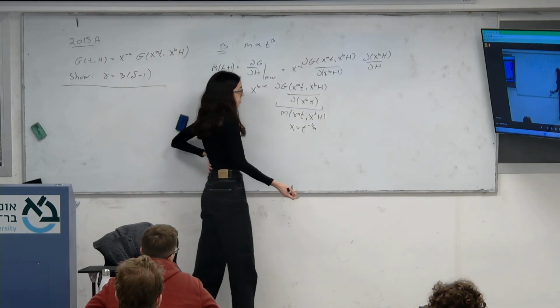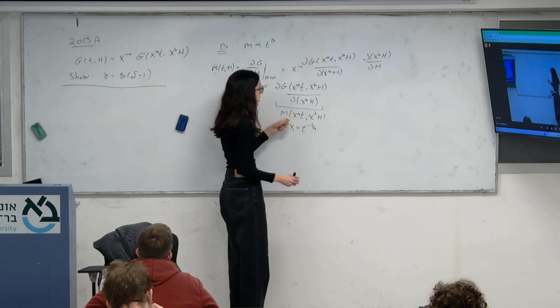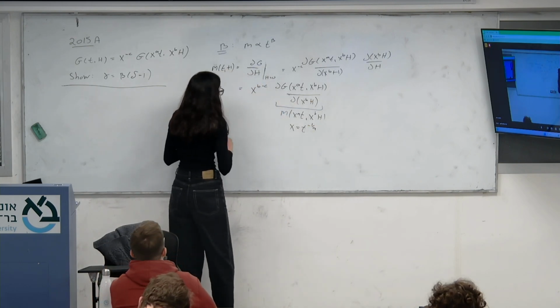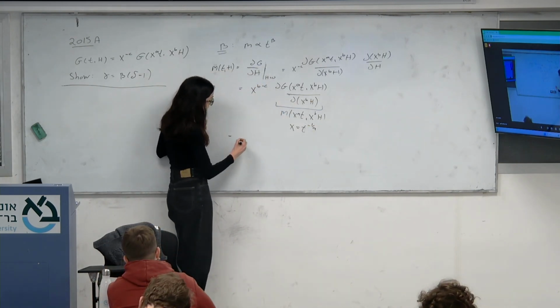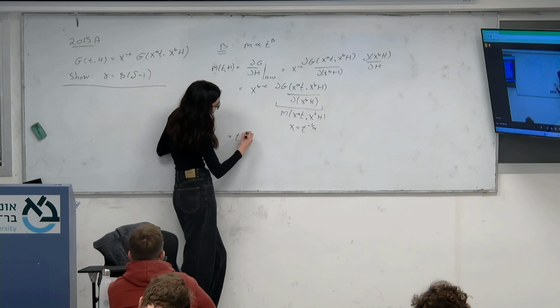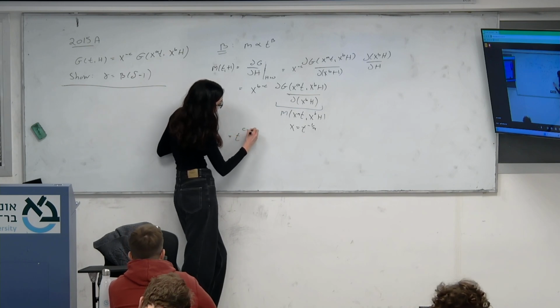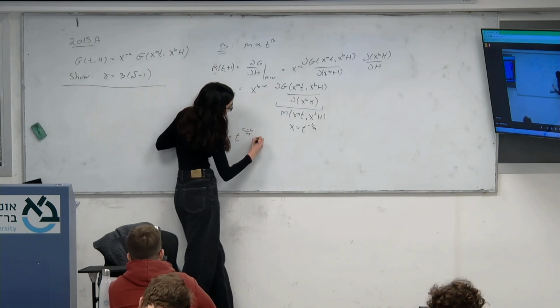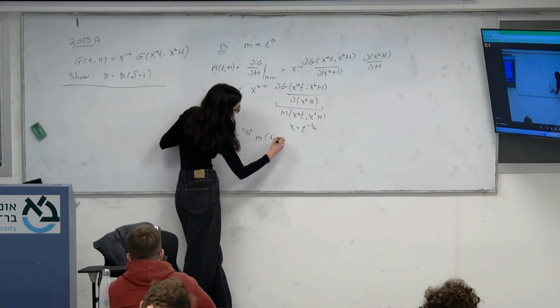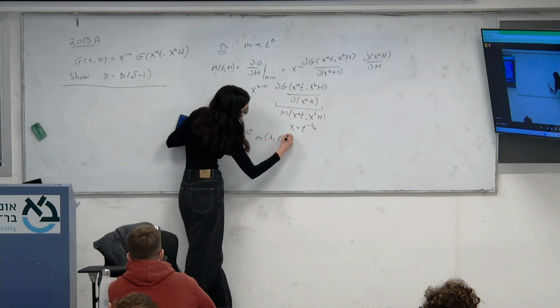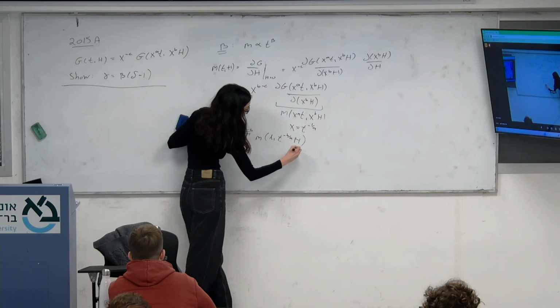And you will see in a second why. And then all of that, let me write it here. So we get t^(c-b/a) m of 1 and t^(-b/a) h.